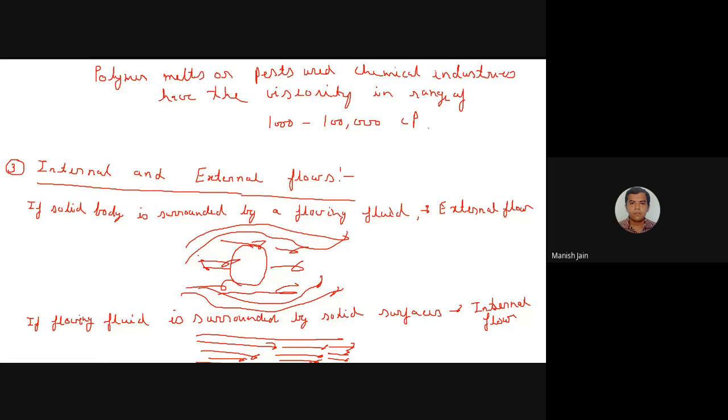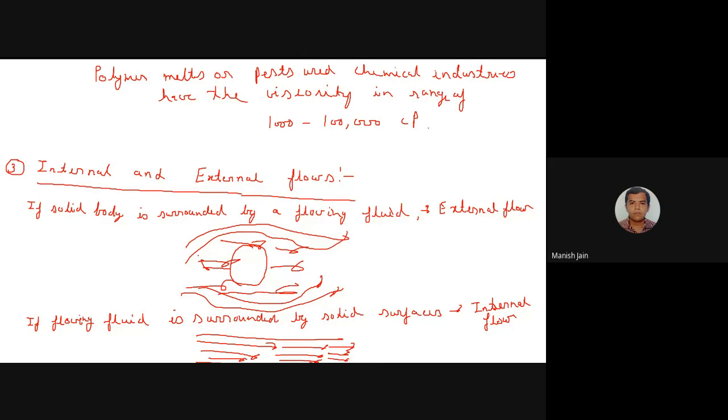By predicting the density of the material and the settling velocity, you can predict the size of the particle also. That you will study in the fluid particle mechanics subject or mechanical operations subject. So external flows have their own applications and their own physics, but in the chemical industry most of the problems are related to internal flow.